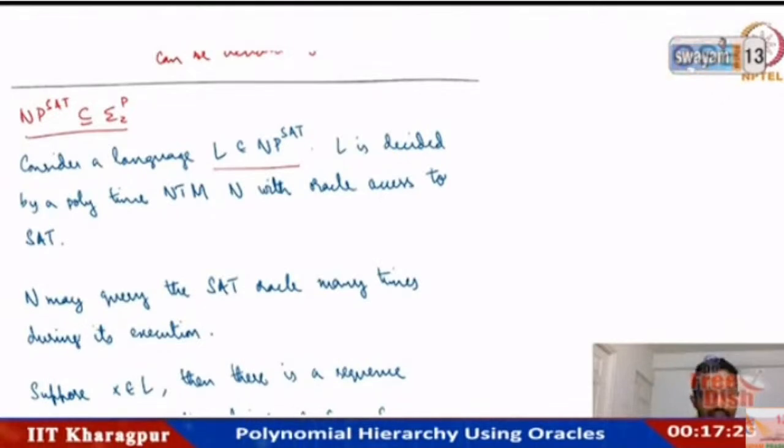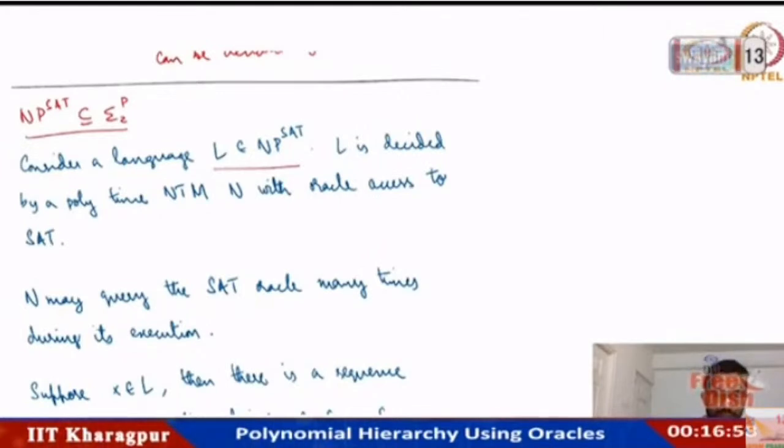N is a non-deterministic Turing machine, which means it has possibly multiple computation paths and multiple accept and reject outcomes. It also has access to a SAT oracle, which means it can query the SAT oracle from time to time, and it can use this in an adaptive manner.